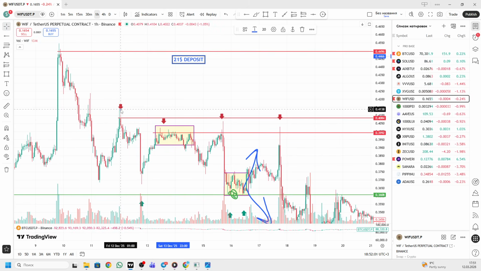So if your deposit is $21, then 100% of your deposit equals $21, right?